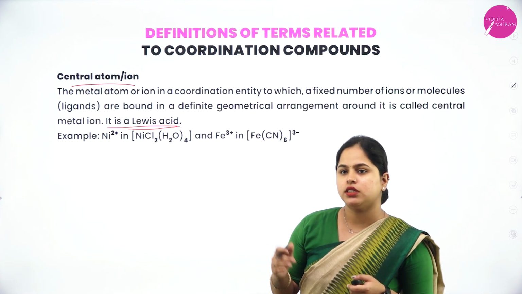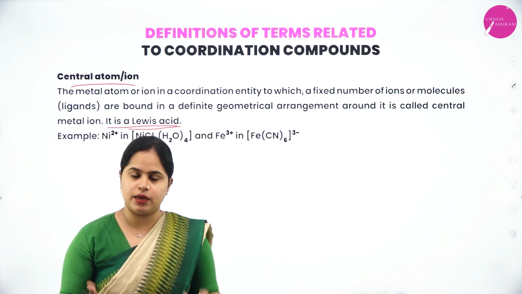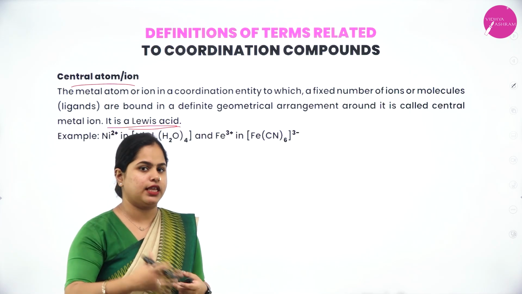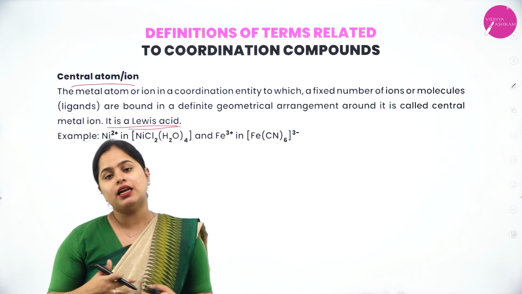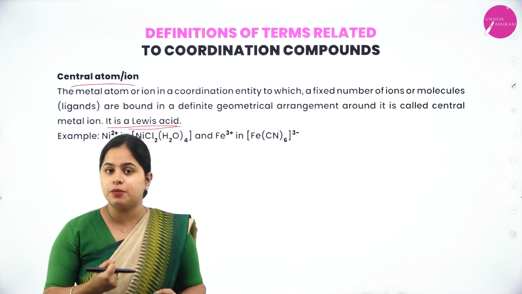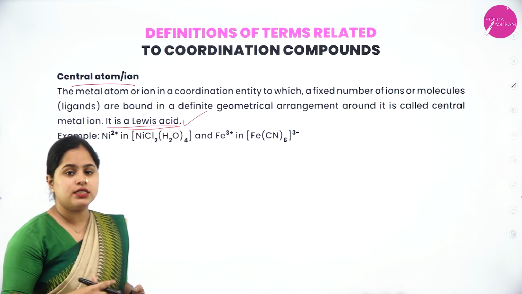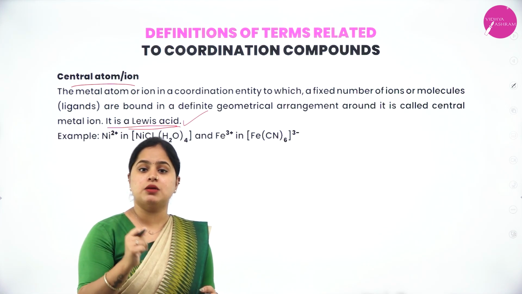In the beginning of the chapter itself, I told you the central metal atom does not take part in donating electrons. The ligands will donate the electrons. They have the lone pairs and they will donate the electrons, and the central metal atom will be accepting those electrons. So electron acceptors are Lewis acids. This is an important point. The central metal atom is a Lewis acid because it accepts electrons.